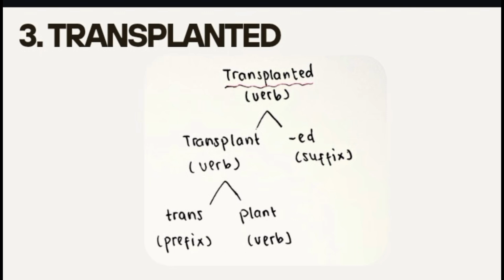Now we have the verb transplant. Then we add the suffix ed, similar to the plural as before. Ed is an inflectional suffix that marks the past tense. So the structure is prefix, verb, and inflectional suffix.